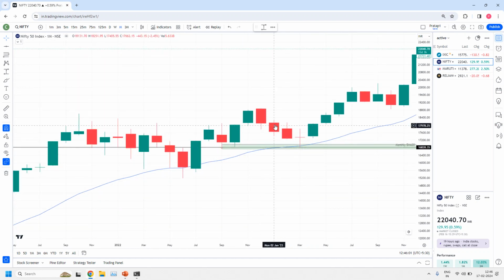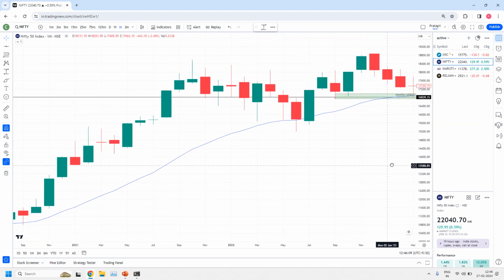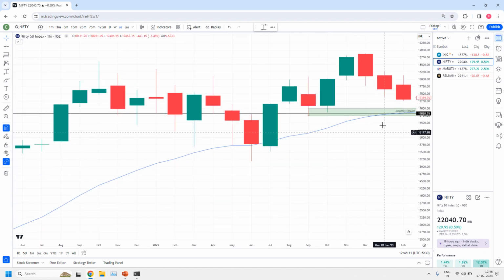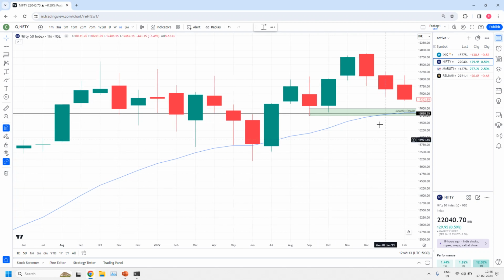When will you draw this zone? When price overextension is about to complete. Not after completion, about to complete. Assume you are on this day. Price overextension is not yet completed, coming very close. Now you draw the zone because on the monthly time frame we didn't find any proper zone. That's why you are trying to draw. Why is it not completing?